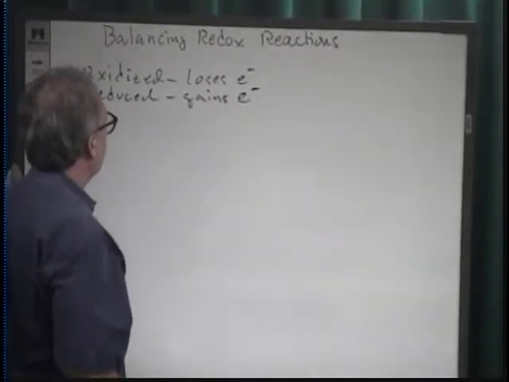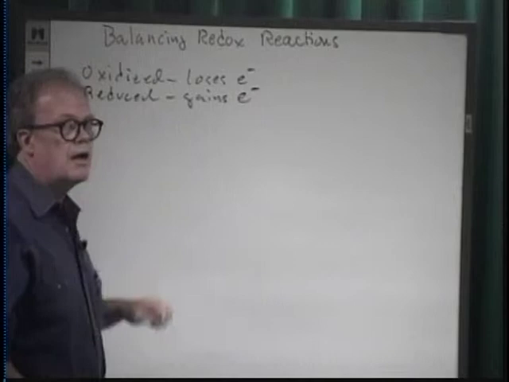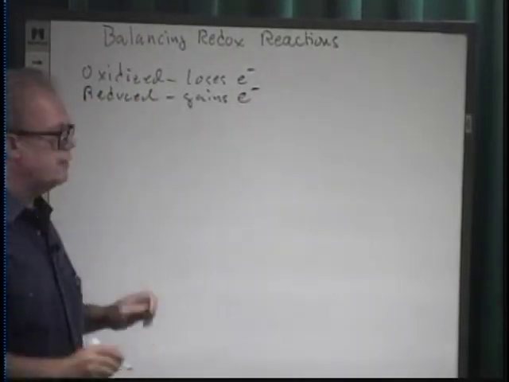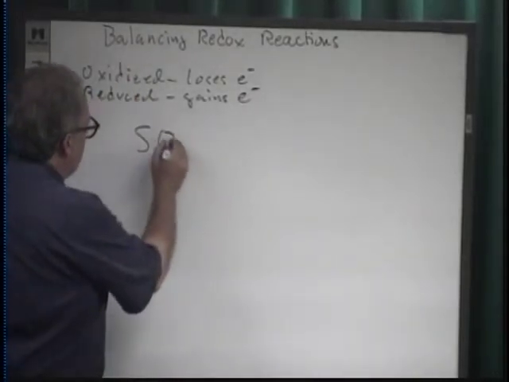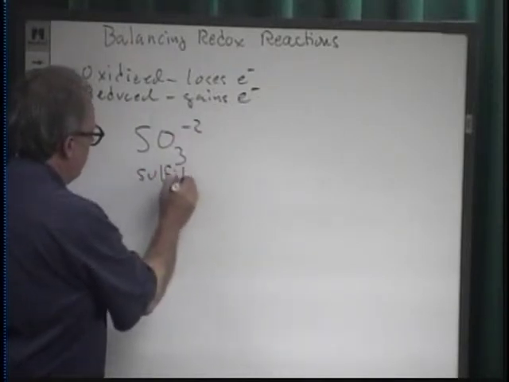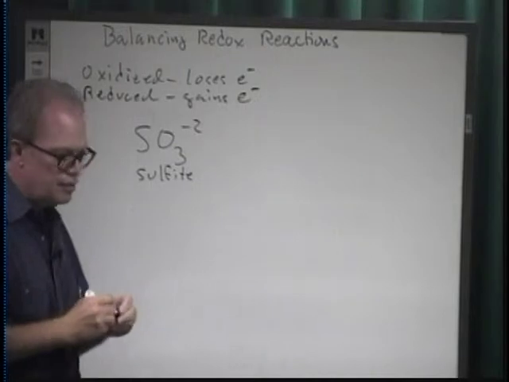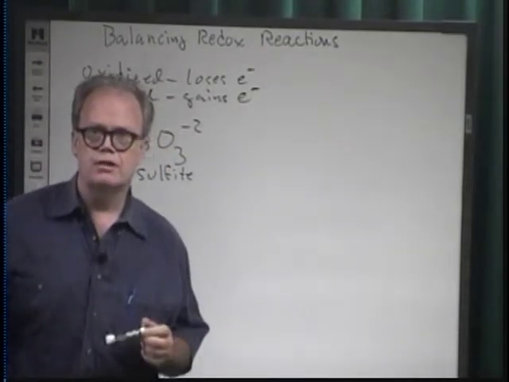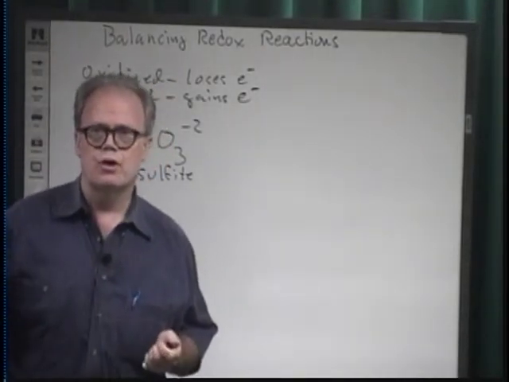Okay. So if you take a chemical like sulfite, SO3 minus 2, this chemical is added to wine to control fermentation. It's added to foods to retard spoilage.